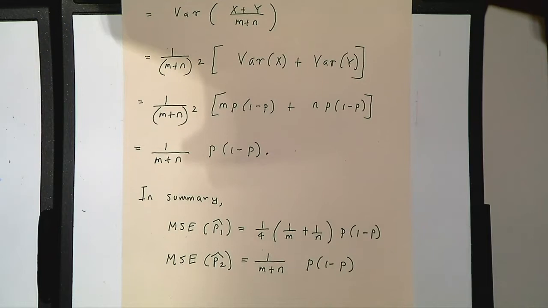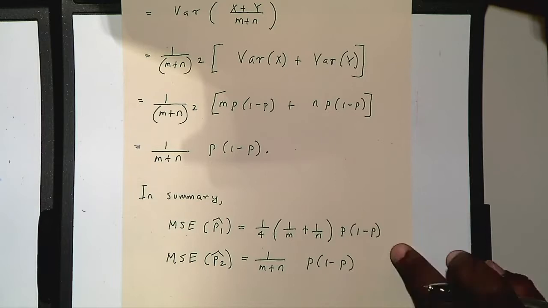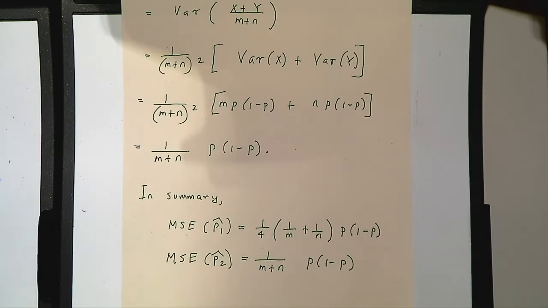Now the question is, remember, we prefer the estimator that has the smaller MSE. So which one of these is smaller, you think?